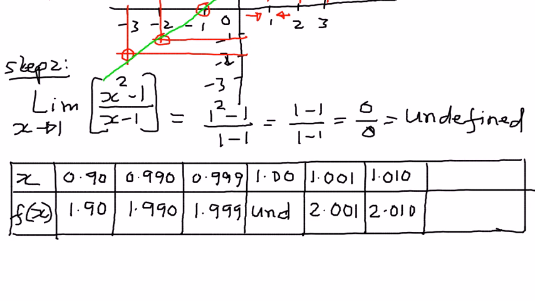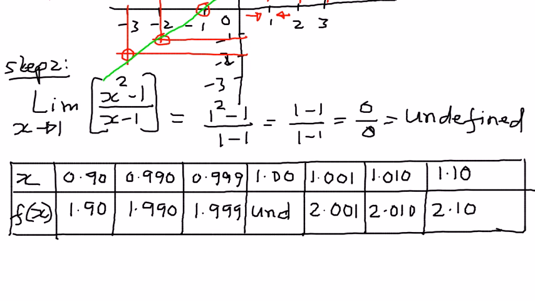And on the right hand side, if I were to pick a point very close to 1, which is 1.10, the value of the function is going to be equal to 2.10. So this is what we are looking at. This is another way of proving that as x is approaching 1, the value of the function is approaching 2.